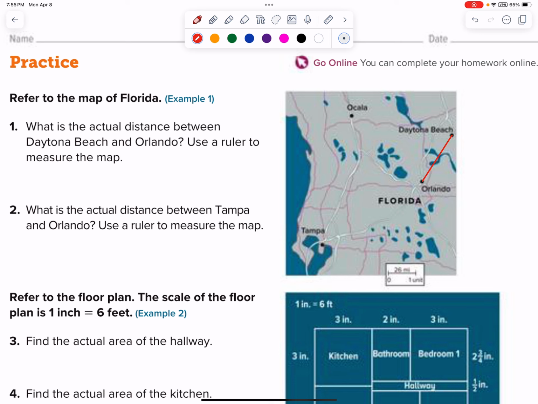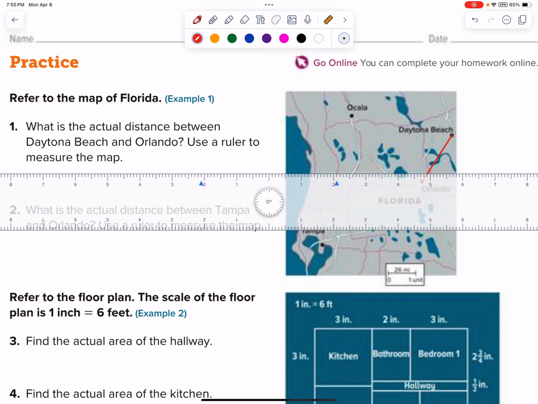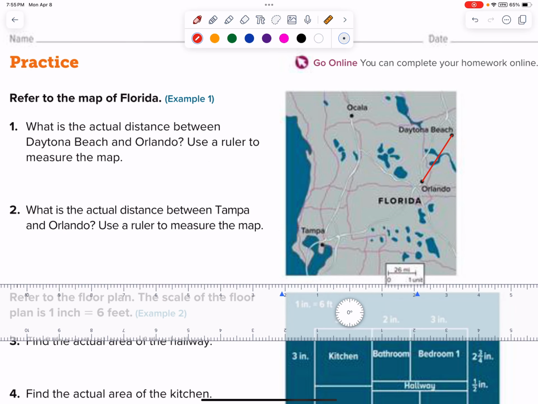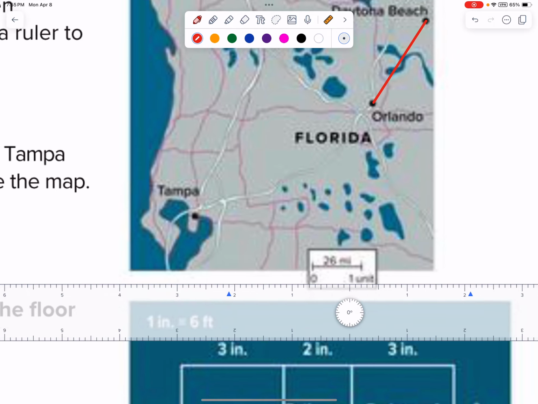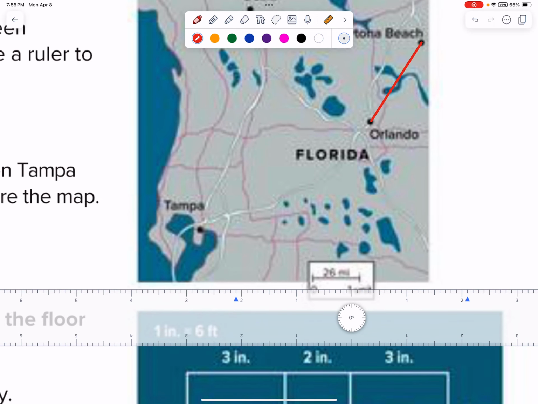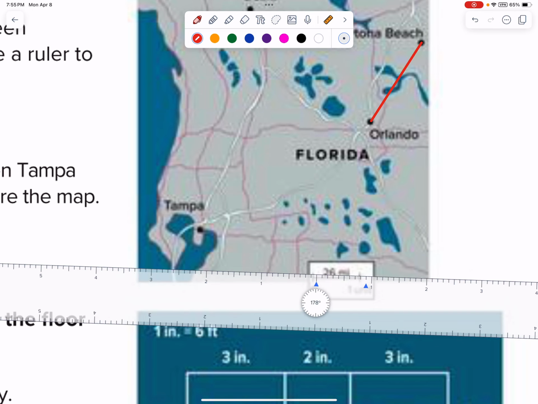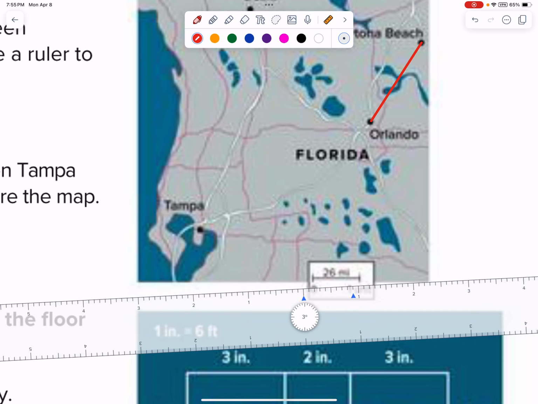And we need to go ahead. I'm going to grab our ruler out here. Let's move this to here, and let's shrink this up a little bit, and we're going to line this up. This is sort of a neat way to be able to do this with the ruler. So we have this distance right here.